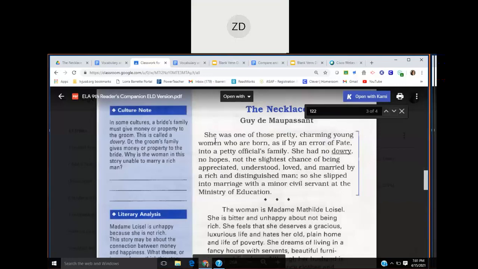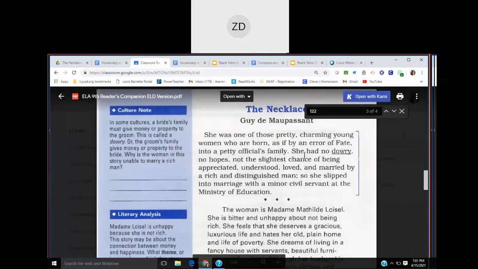She was one of those pretty, charming young women who are born, as if by an error of fate, into a pretty officer's family.